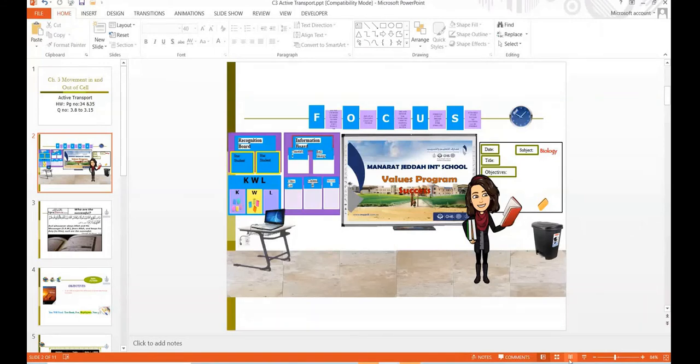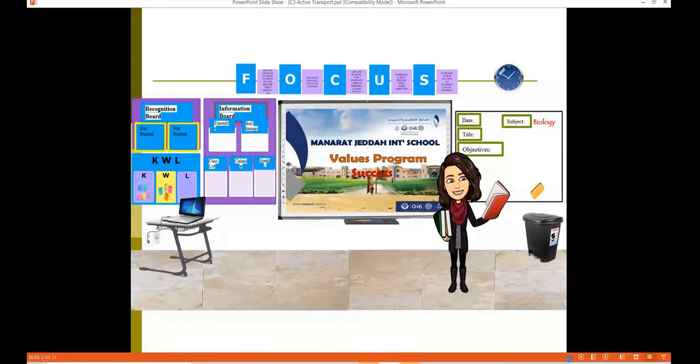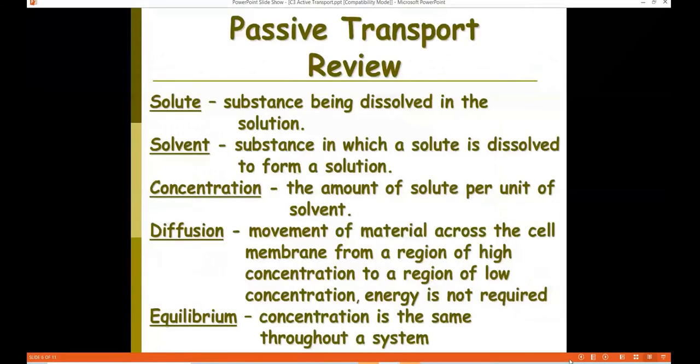So let's also discuss it further from the lesson. You can see on the slide the passive transport review, which we discussed just right now. It includes the solute, that is the substance being dissolved in the solution, a solvent, the substance in which a solute is dissolved, and the concentration is also involved, the amount of solute per unit of the solvent, and of course diffusion, movement of material across the cell membrane from a region of high concentration to a region of low concentration.